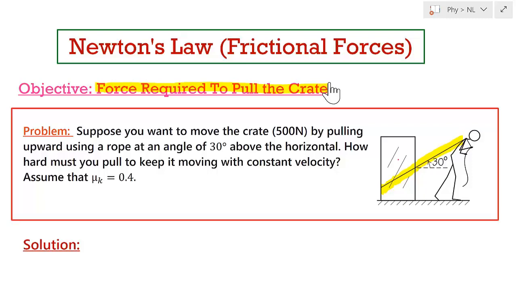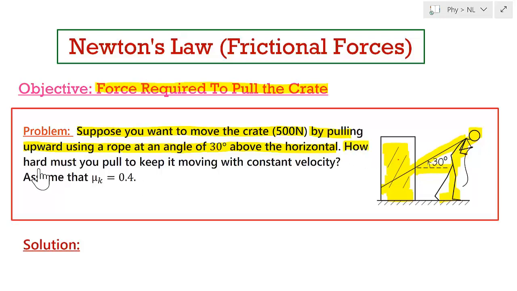So the problem says, suppose you want to move the crate, and the weight of the crate is given, that is 500 Newton, by pulling upward using a rope at an angle of 30 degrees above the horizontal. So you are applying a force at an angle of 30 degrees from the horizontal.